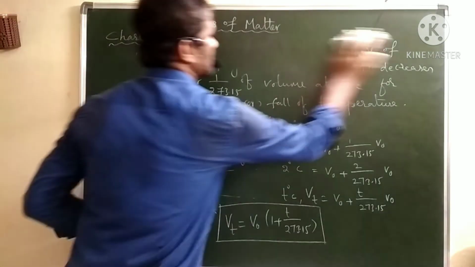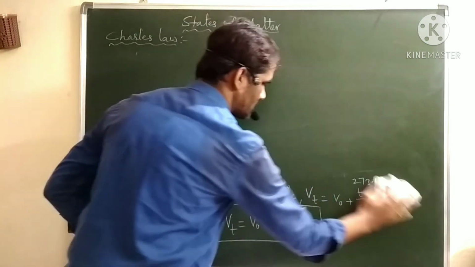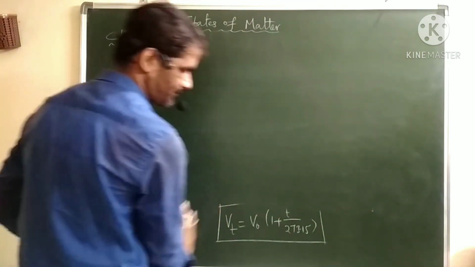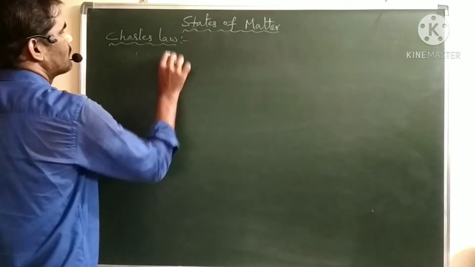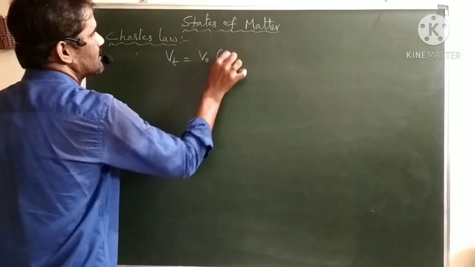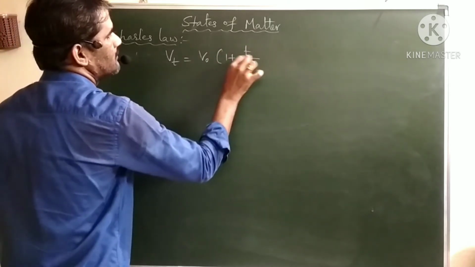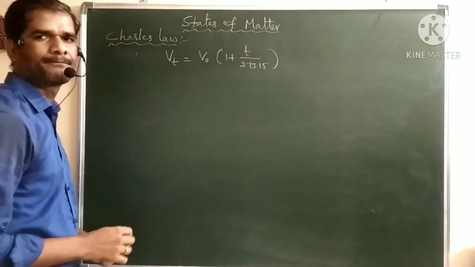Now here is some other important information related to this formula. We have the volume of gas at temperature T equal to V0 into 1 plus T by 273.15.